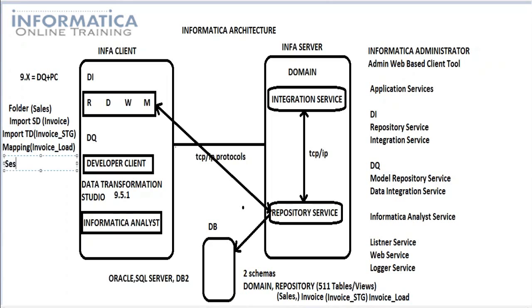Likewise, you create the session, you create the workflow. It will store this metadata into the repository tables that we have within the repository schema. So why do you have to store these things there?